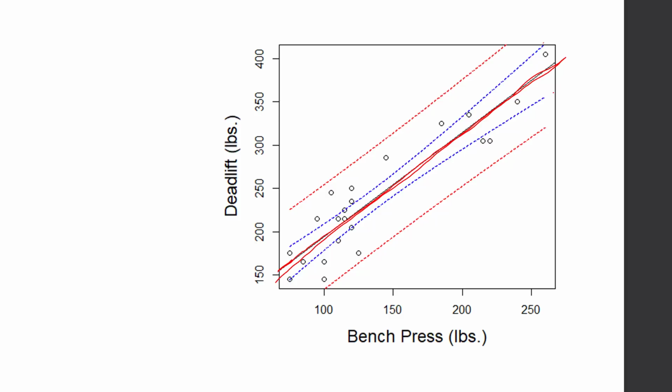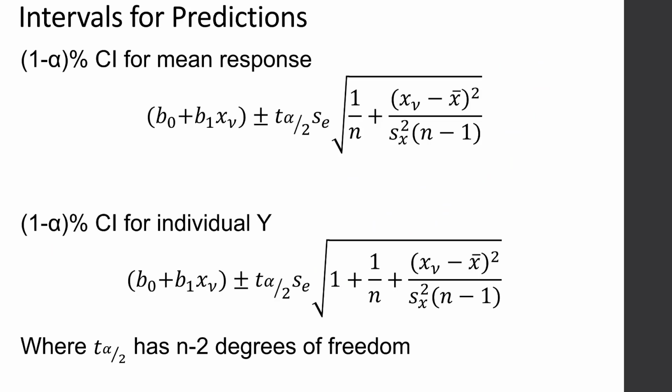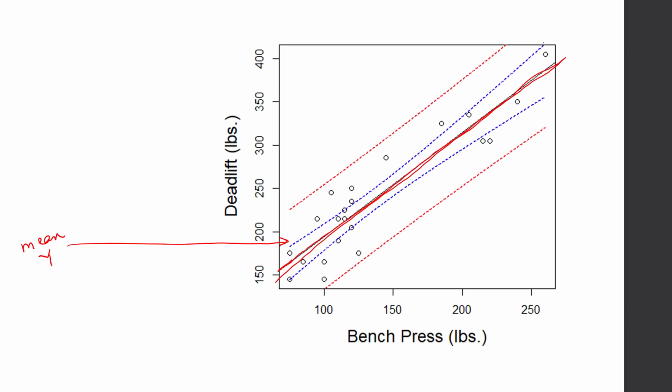And then I've got my outer 2, which are dotted lines in red. Those are the farthest away from my center line. The 2 inner bands are the confidence limits for the mean response, for the mean Y. And the outer bands are for the individual Y.